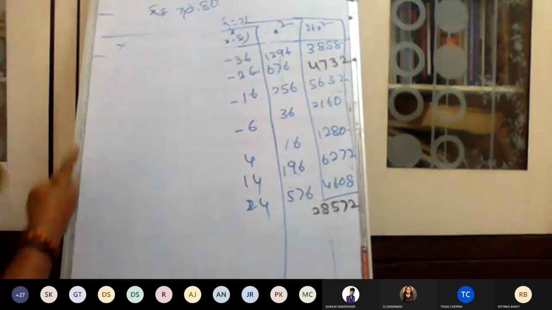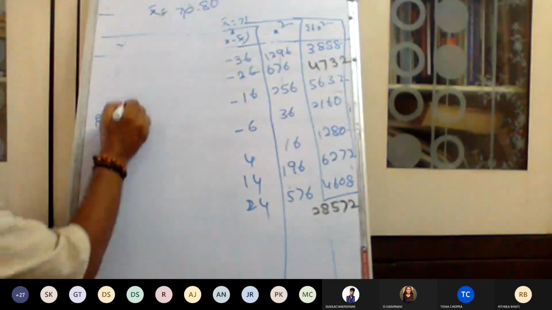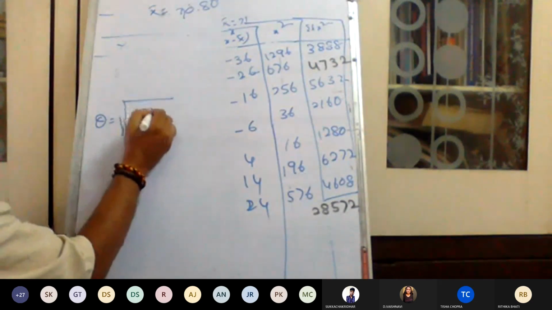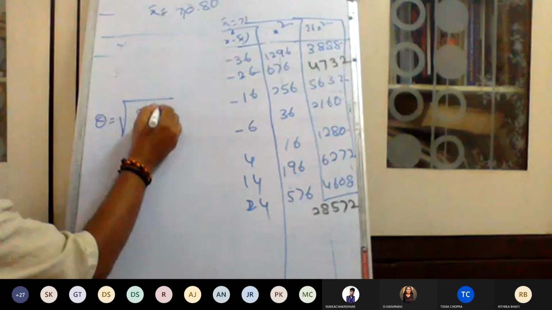Standard deviation is equal to root of sigma fx square divided by n.